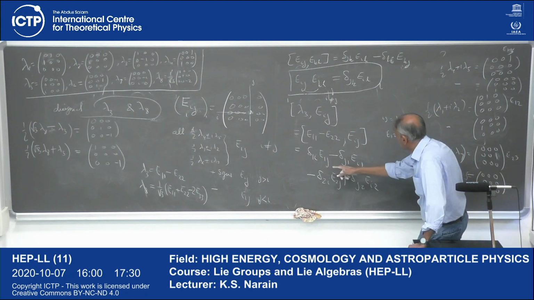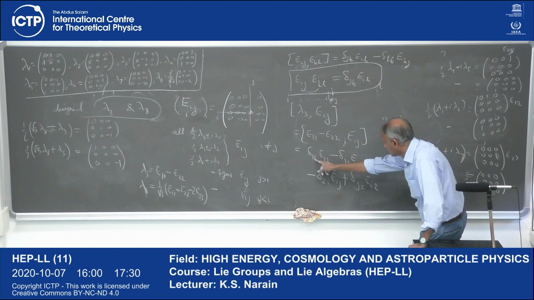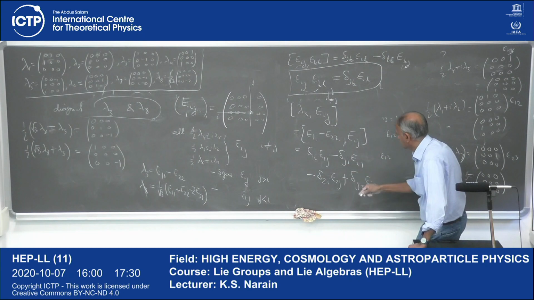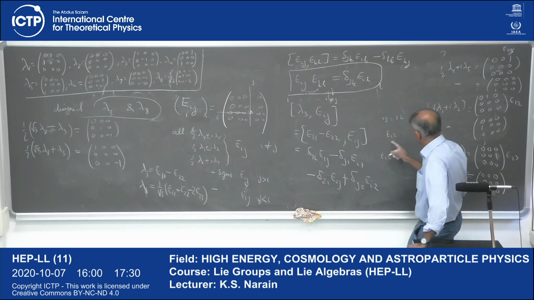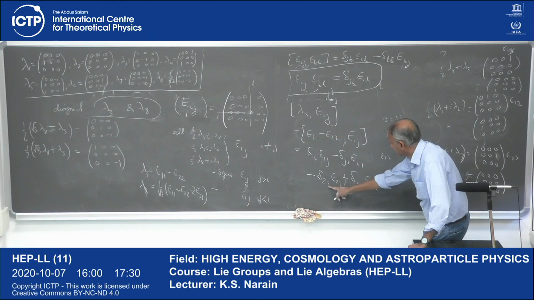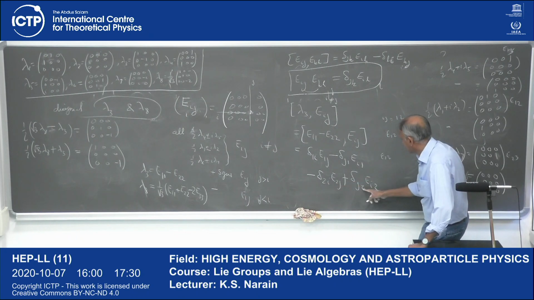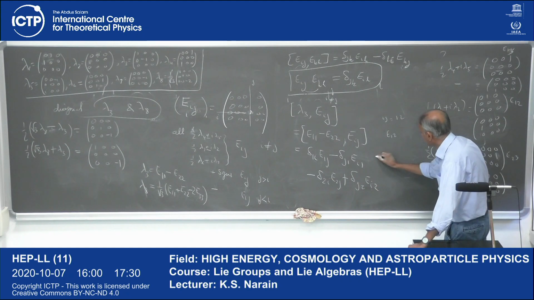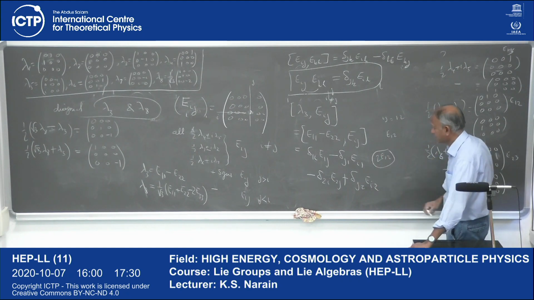So i is 1, so this is now 0, and you get here E12, right? Because j is 2, so that vanishes. This delta 21 is vanishing. Here 21 again vanishes. And what you get here, j equal to 2, i is 1, so it's 2 E12, right?